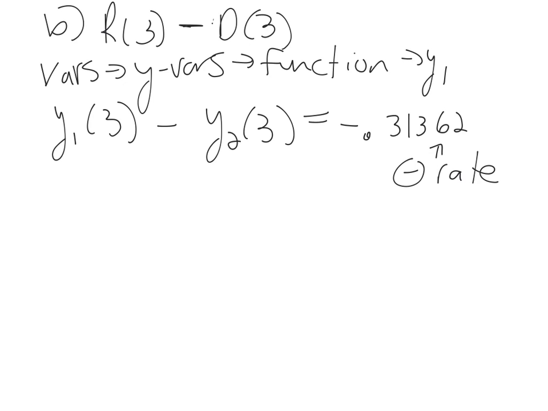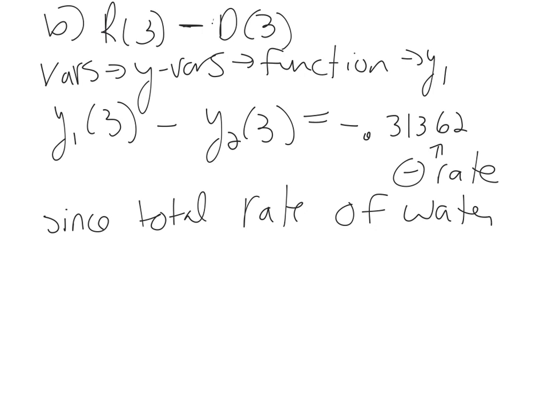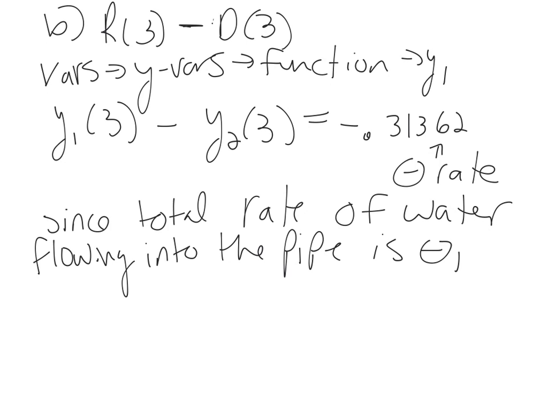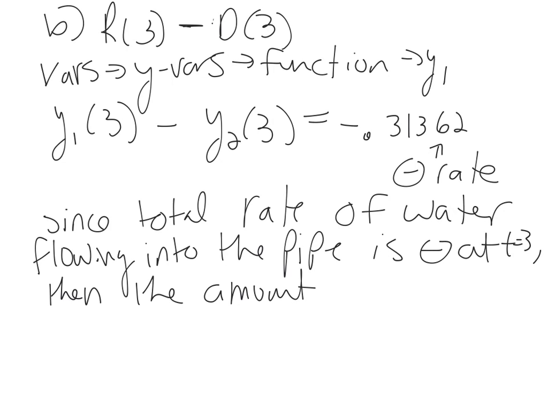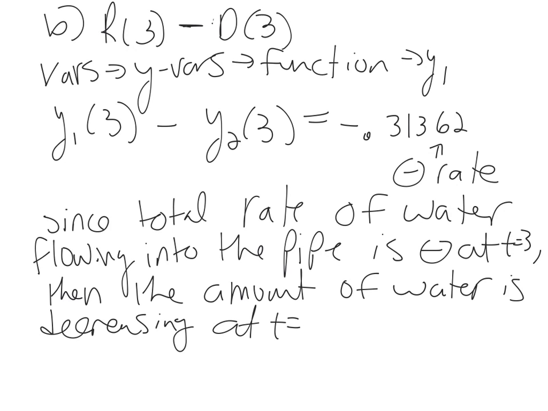So you can say, since the total rate of water flowing into the pipe is negative at, make sure you say at t equals 3, then the amount of water is decreasing at t equals 3.